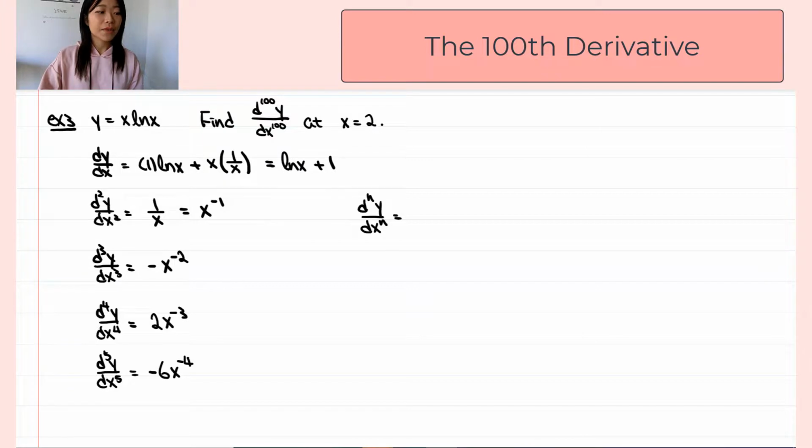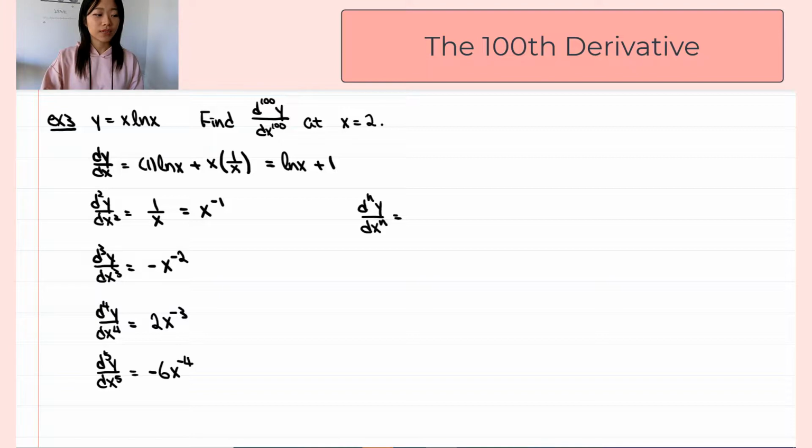This example is a bit more complicated. So there is the sign that is alternatingly changing, and there is also the constant in front of x and the exponent of x. Let's start with the exponent because it's easier. For the second derivative, the exponent is negative 1.